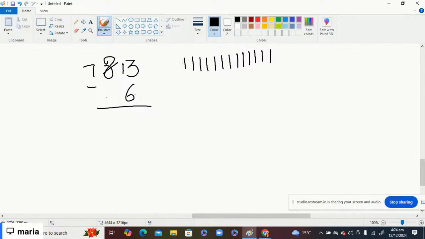Subtract 6 lines: 1, 2, 3, 4, 5, and 6. How many lines are left? It's 1, 2, 3, 4, 5, 6, and 7. Putting 7 here. And now here 7 is left, so this 7 is here. Okay, so it's 77.